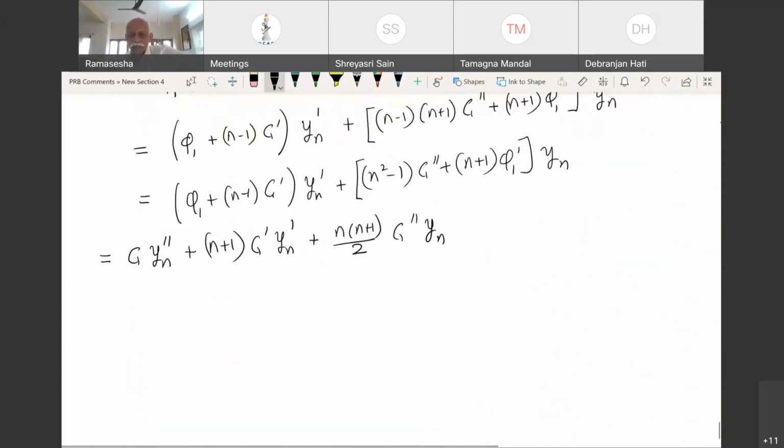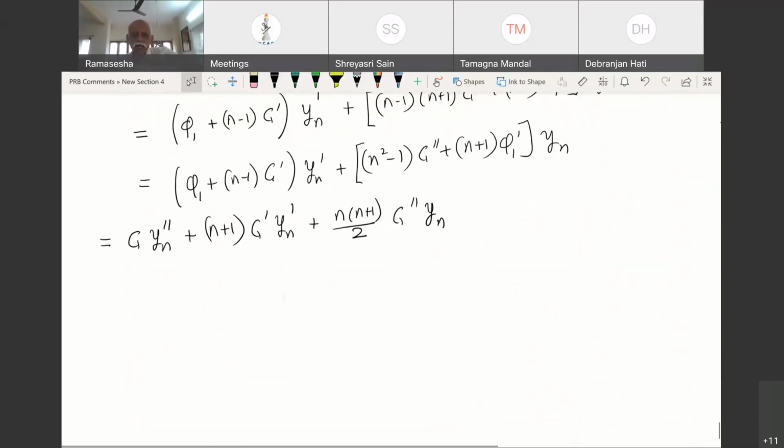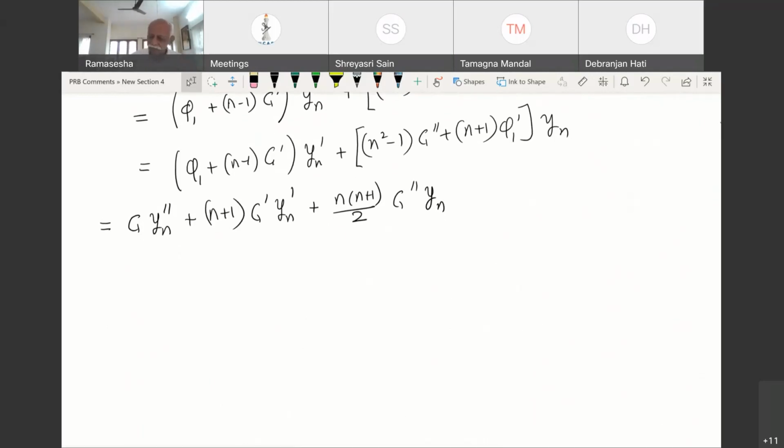Now I can simplify it a little bit further, and I can write it as g yn double prime plus yn prime into n plus 1 g prime minus p1 minus n minus 1 g prime, right?